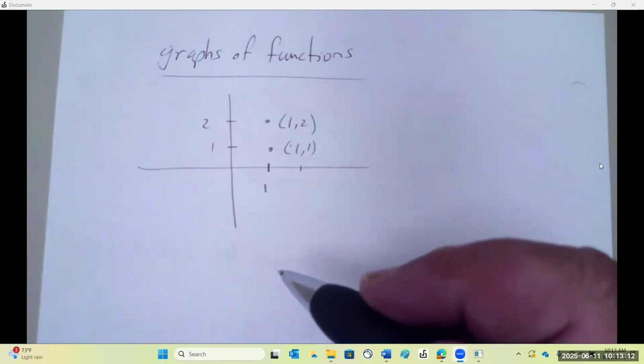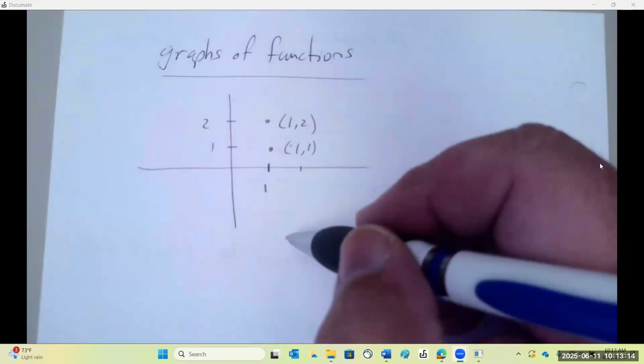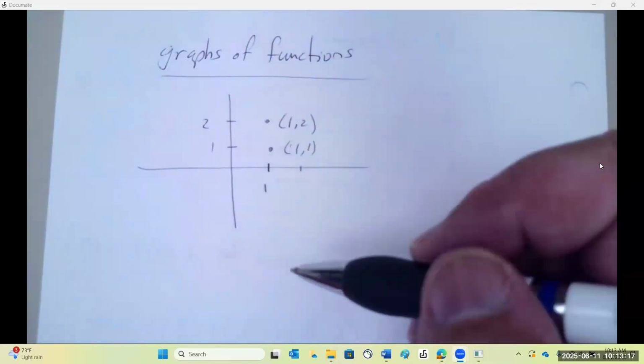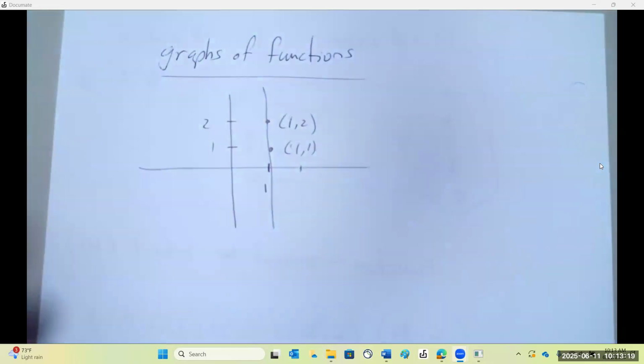So if the same x values with different y values, you notice how they're on top of each other? That's called the vertical line test.